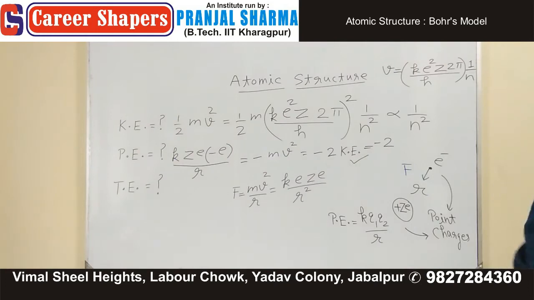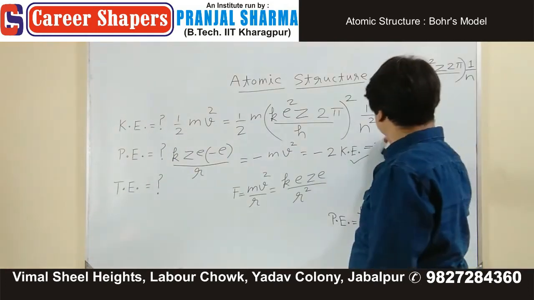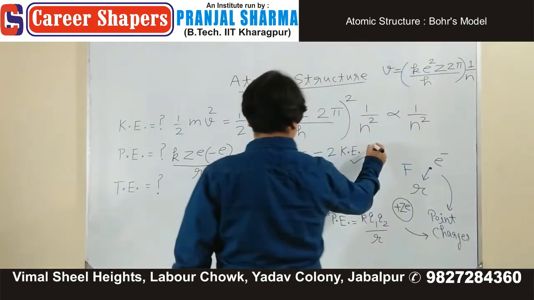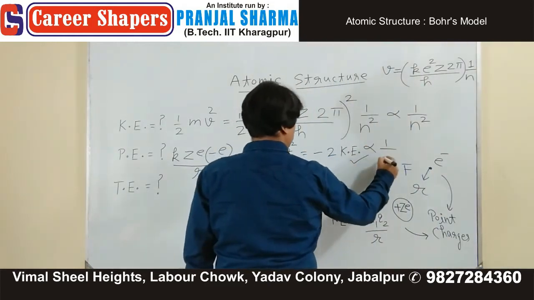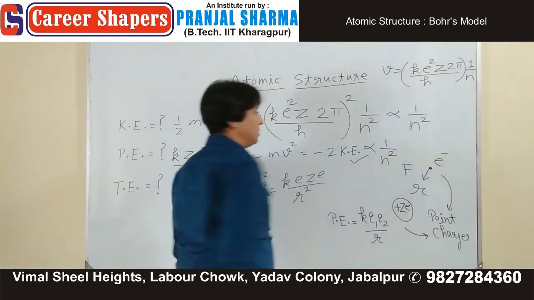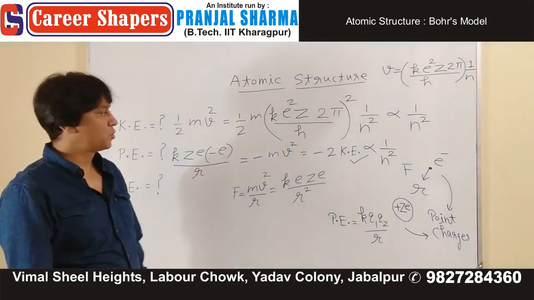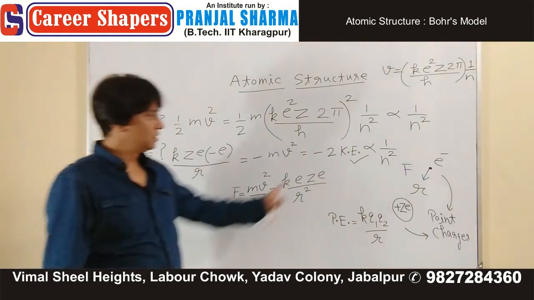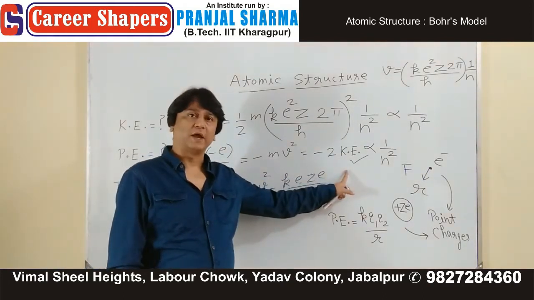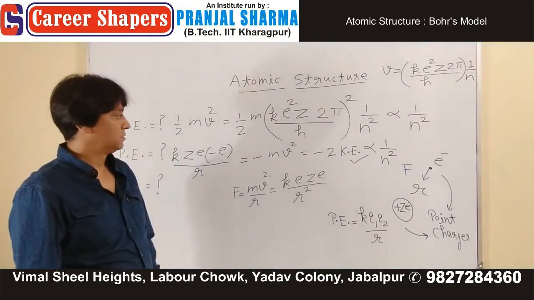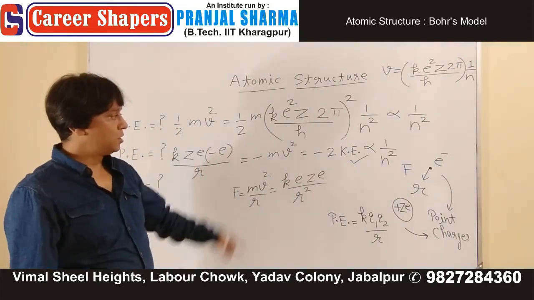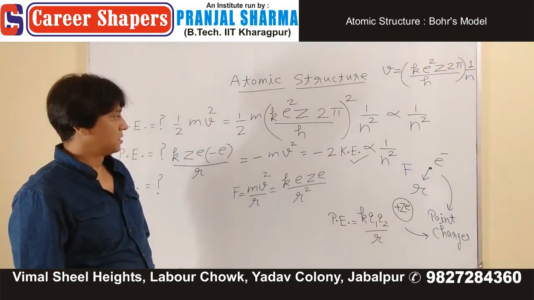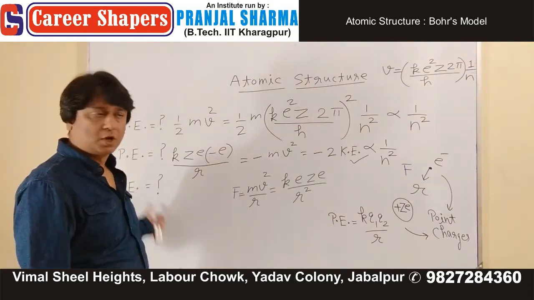I am directly using it. The proportionality is still 1 upon n square. And also remember P is minus of 2K. Note down this, and then we'll find total energy also.